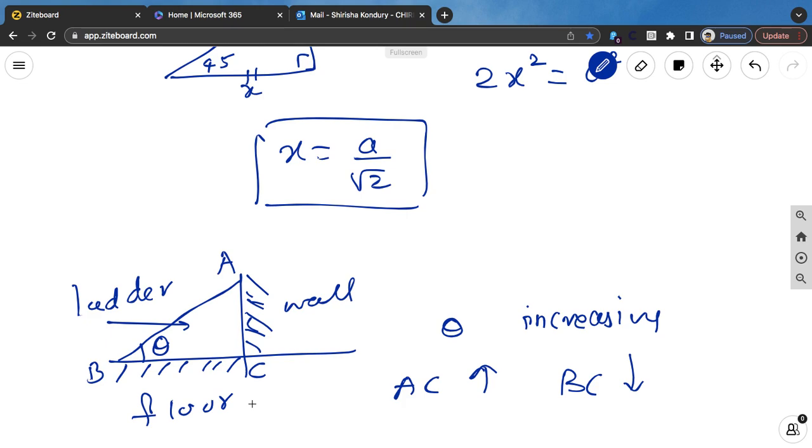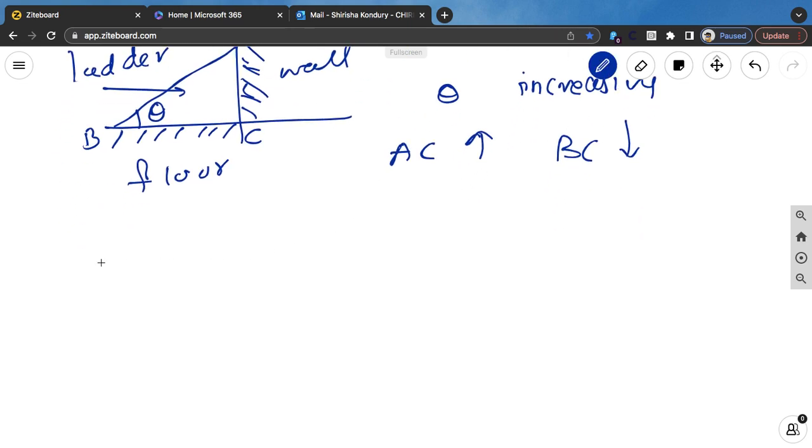Similarly, if I push the ladder away from the wall, do you see that theta decreases, which decreases AC but increases BC? So all I'm trying to show you is that in a triangle, angles and sides have a relation to each other. And that's exactly what I showed you in the 30, 60, 90 and 45, 45, 90 also. And this is what is captured in trigonometry.